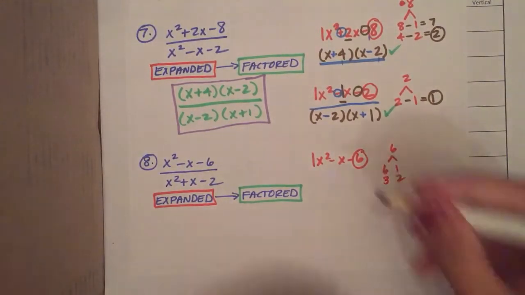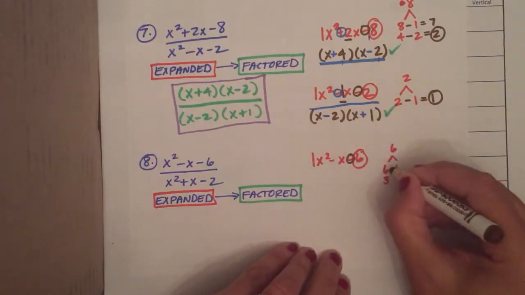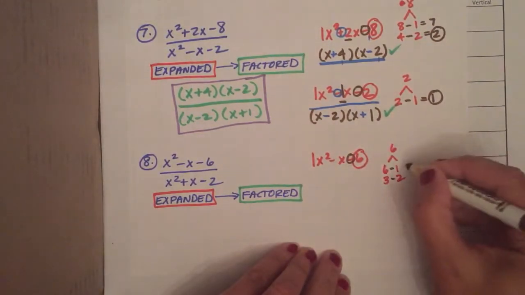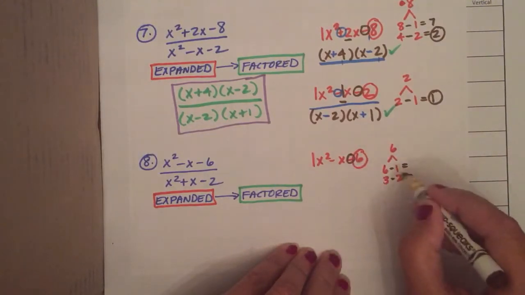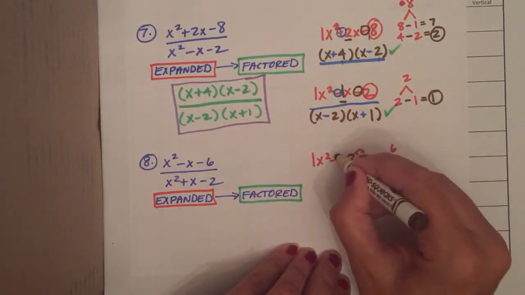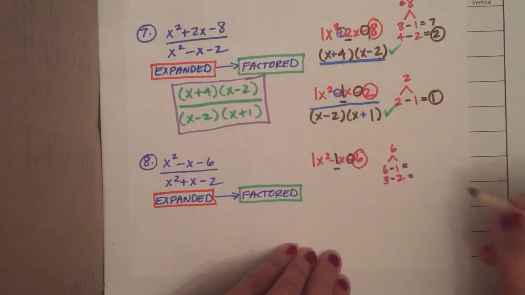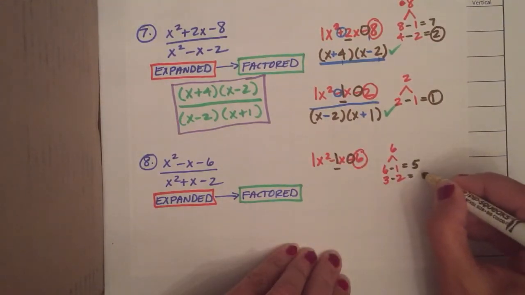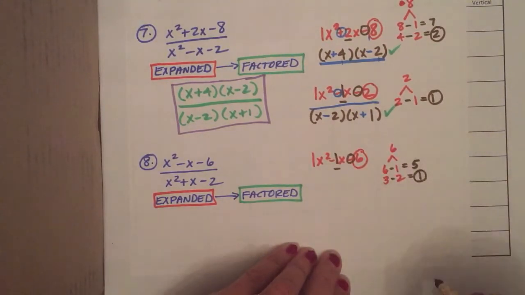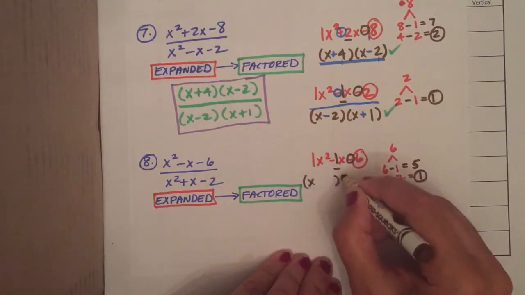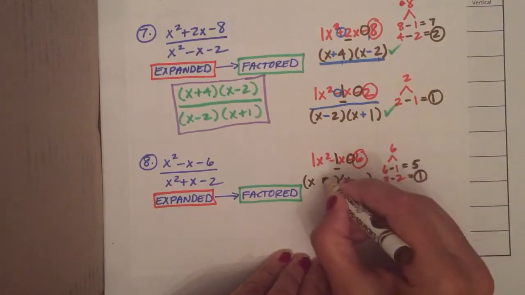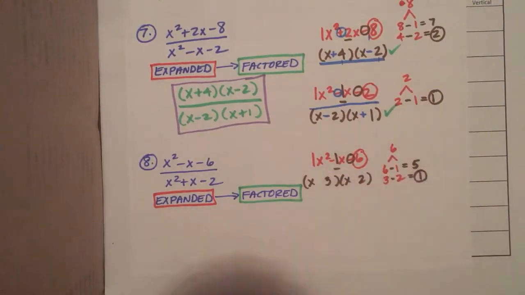I'm going to look at the sign of my C value, which is negative, to determine what I'm going to do with these factors. I'm going to look for a difference of these factors that gives me a B value of 1, because that's 1x. So 6 minus 1 is 5, 3 minus 2 is 1. There we go. So I'm going to have x and 3 and 2.